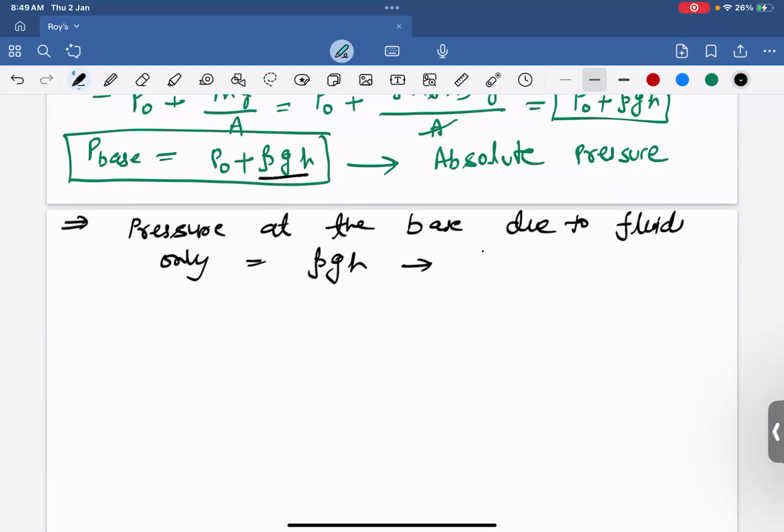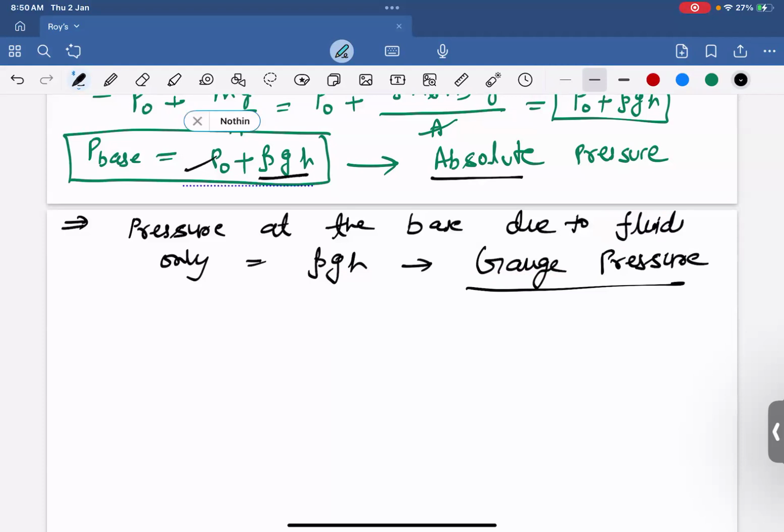This is called gauge pressure. So two types of pressure: gauge pressure is only the pressure applied by the fluids, and absolute pressure is the total pressure where you have to add the atmospheric pressure also. Okay, understood?